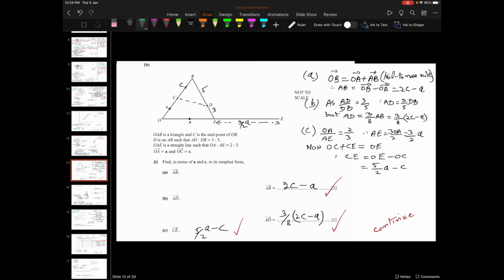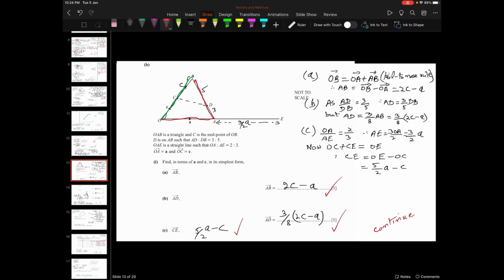Now we are using the tail to nose rule to find the value of AB. In the figure, OB is equal to OA plus AB, sorry.